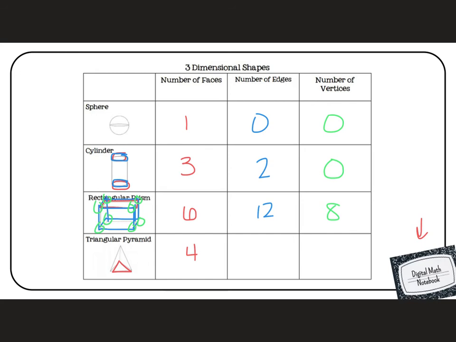It has, let's draw its edges, 1, 2, 3, 4, 5, 6 edges. And it has 1, 2, 3, 4 vertices. Great job so far, 5th graders. If you need to pause to finish your notes in your digital math notebook, do that now.